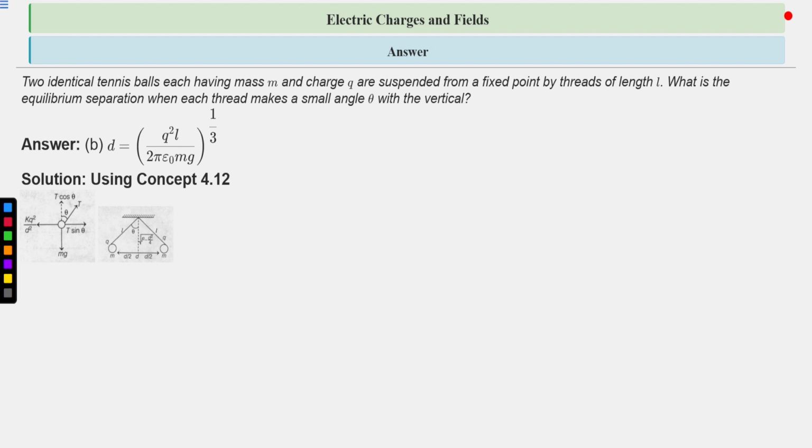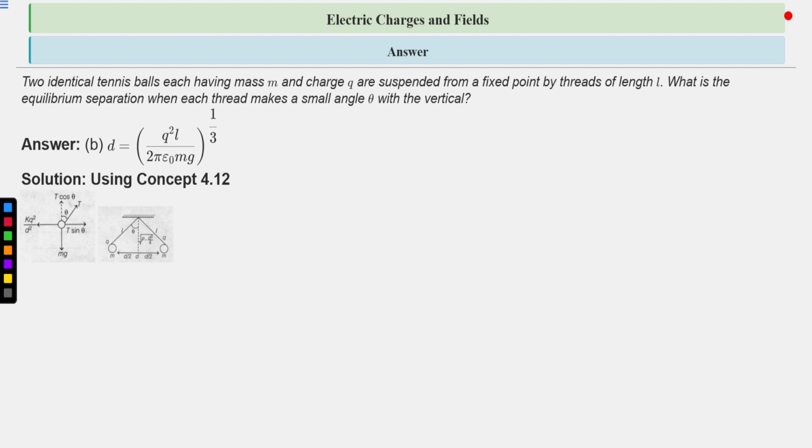This is the theta that the thread makes with the vertical, and this is L, the length of the thread. We have to balance the forces on one tennis ball. Considering this tennis ball, the tension in this thread is towards the point of suspension. We'll resolve this tension into two components, T cos theta and T sin theta.